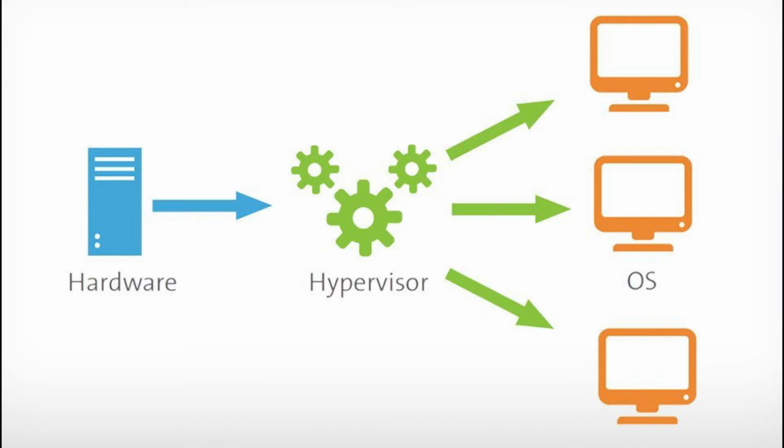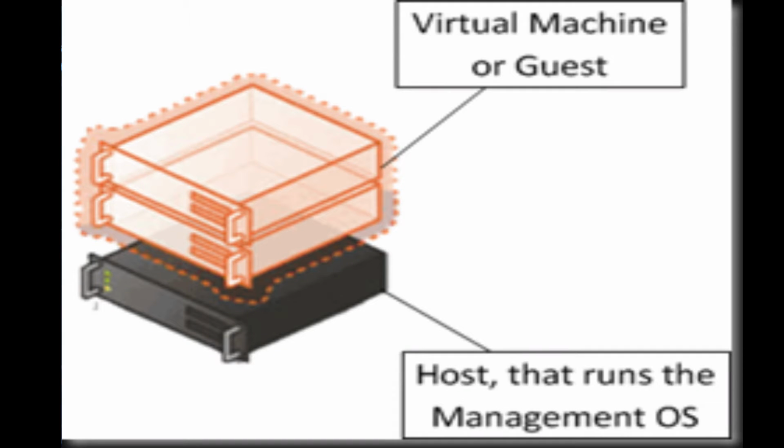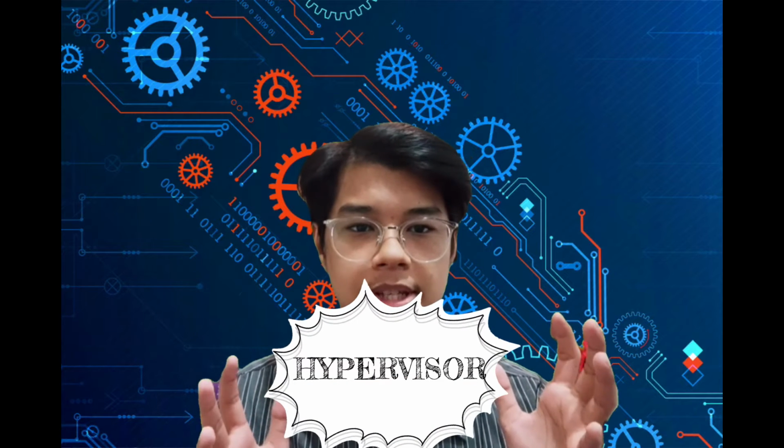Virtual machines work by employing software to simulate virtual hardware, allowing multiple virtual machines to run on a single machine. The physical machine is referred to as the host, and the virtual machines that run on it are referred to as guests. This procedure is managed by software known as a hypervisor.